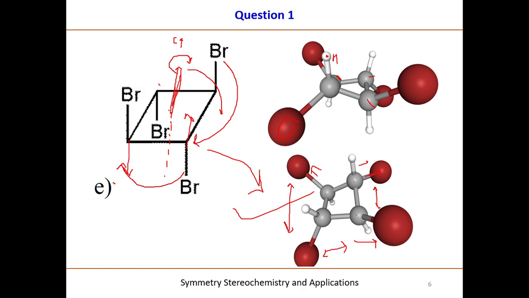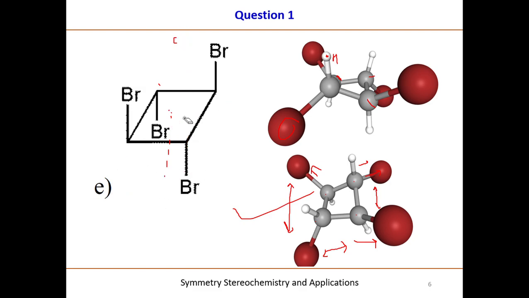If you compare with the original one, in the original one we have bromine downside, back side of the plane, below the plane. But when we rotate by 90, it will come upside. That means there is no C4 axis present because it is not giving an indistinguishable image compared to the original one. That means C4 is not present. Now we will check other axes also. C3 is not possible. You can cross check by yourself.